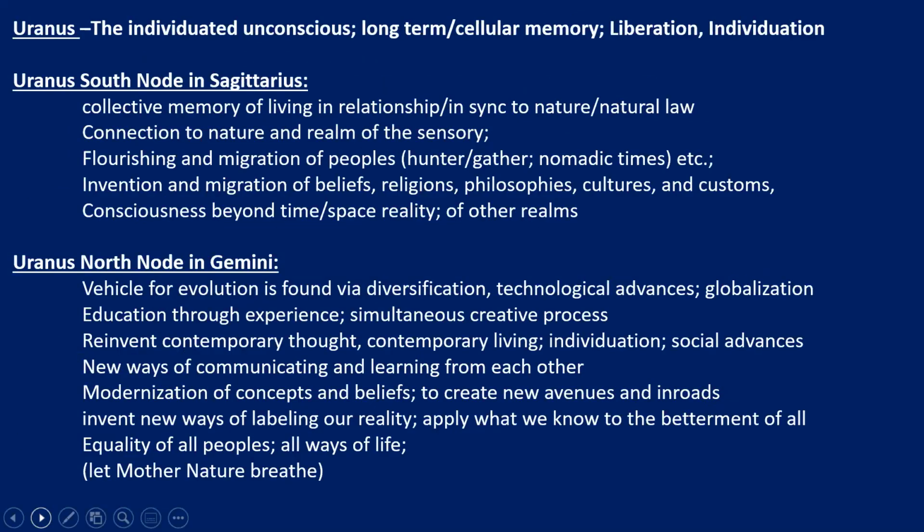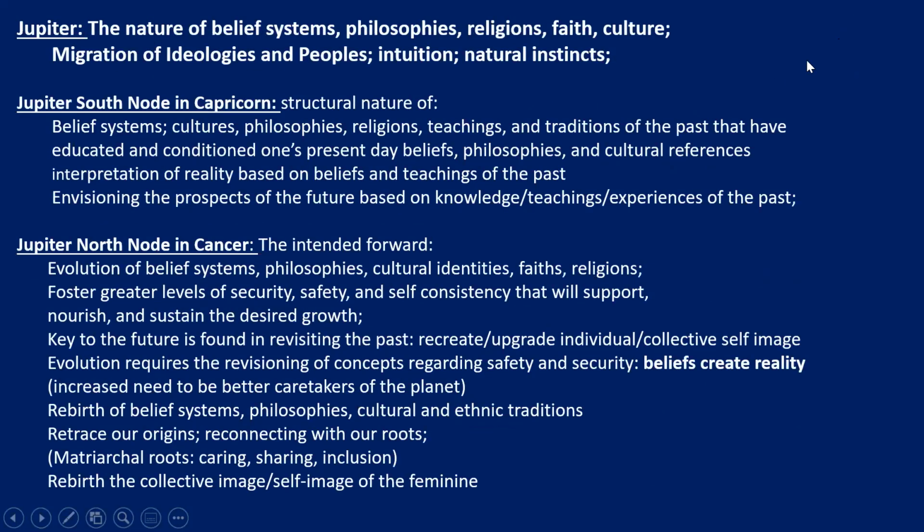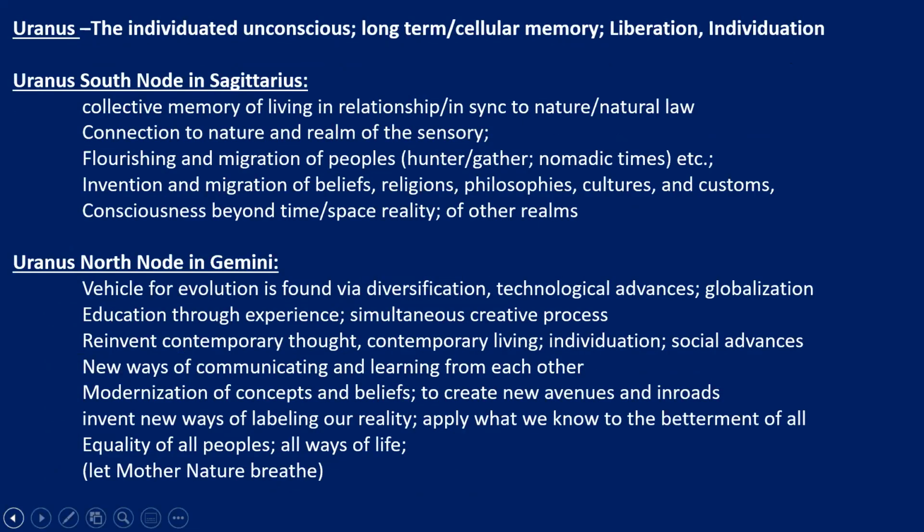Okay, Uranus, the Uranus South Node is in the sign of Sagittarius, and I didn't mean to do that. The individuated unconscious, Jungian term. This is our long-term cellular memory. And Uranus is the archetype of liberation and freedom and individuation. But it's also that cellular memory.